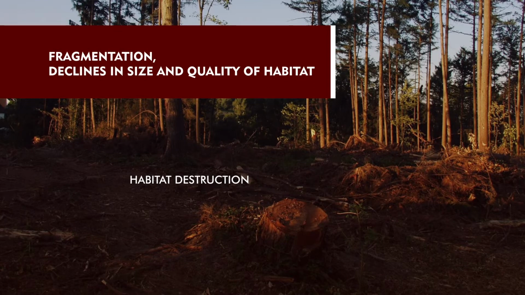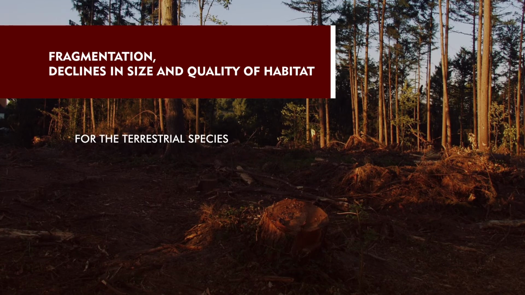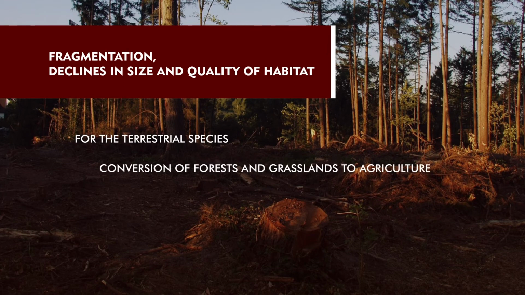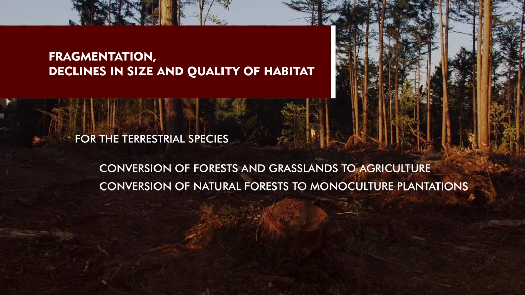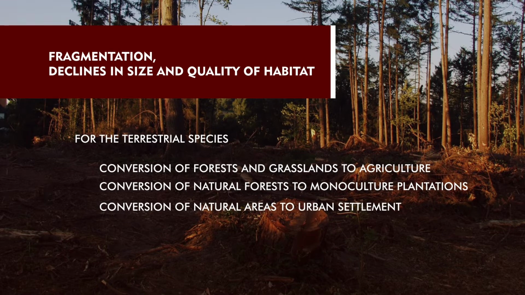It is an undeniable fact that habitat destruction causes numerous extinctions in different places across the world. For example, in the context of terrestrial species, you will find that the declines in size and quality of habitat principally arise from conversion of forest and grassland to agriculture, conversion of natural forest to monoculture plantation, like we were talking about tea plantation and coffee plantation, and conversion of natural areas to urban settlement.